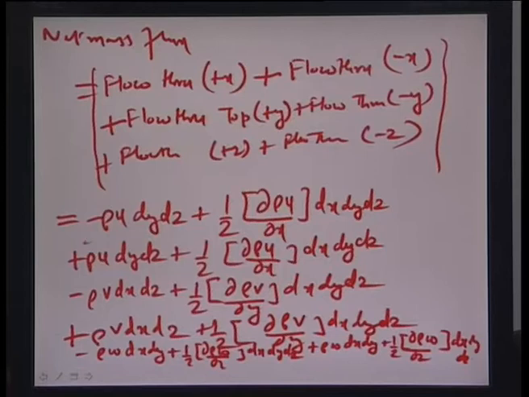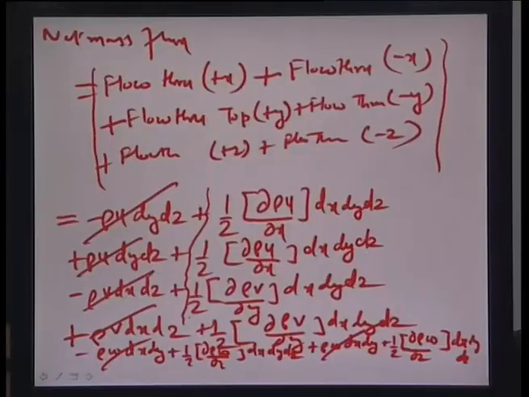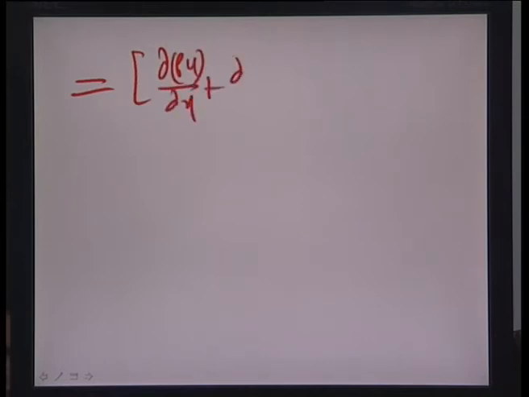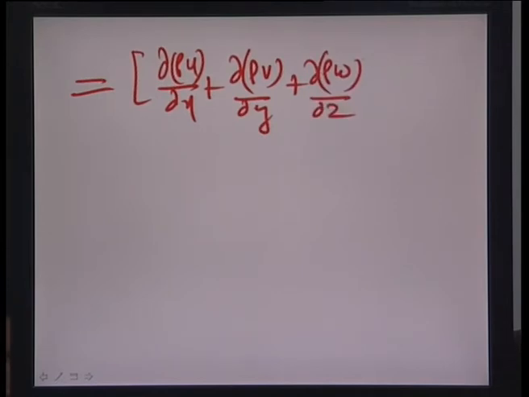So, interestingly, these first terms actually cancel each other as regards the plus x minus x, plus y minus y, and plus z minus z direction, and what you are left with are these second terms here, which if we sum up together, we would be getting an equation which is equal to del rho u by del x plus del rho v by del y plus del rho w by del z, and del x del y del z as the control volume with respect to this.